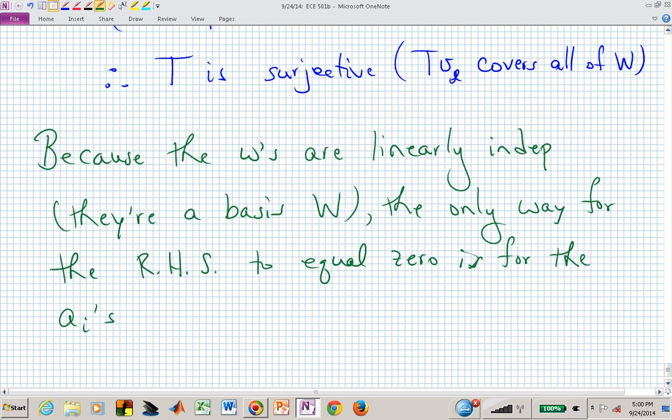Those all have to be equal to 0, don't they? If that right-hand side is 0 and all the w's are linearly independent, the only way that they can equal 0 is for our scalars, which are the a sub i's, to all be 0.